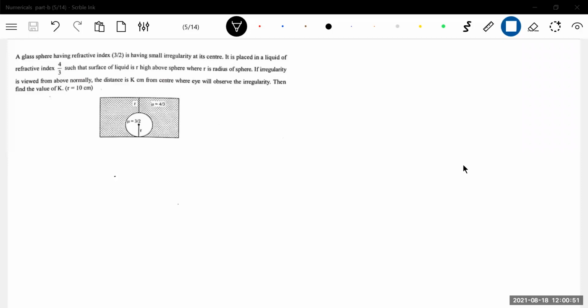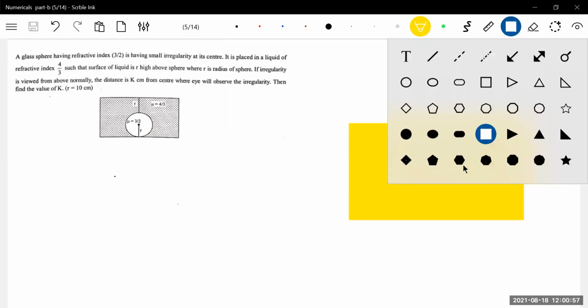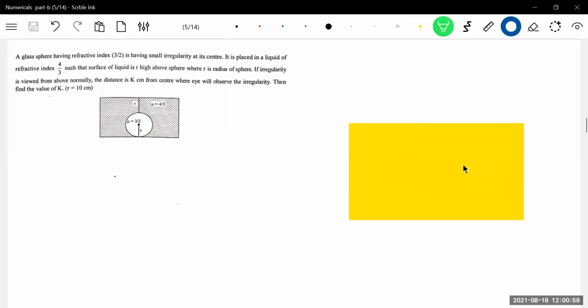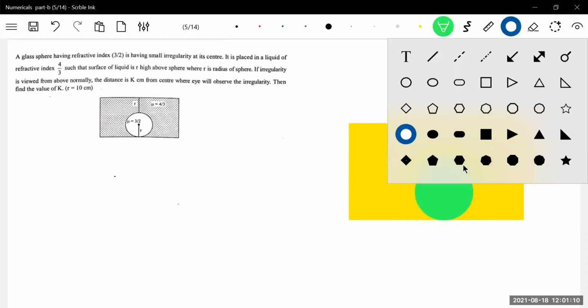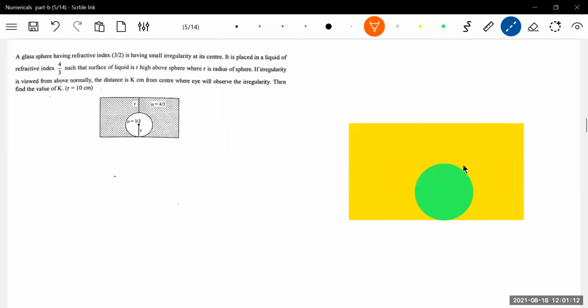Where will that spot appear? Okay, I do have this one.